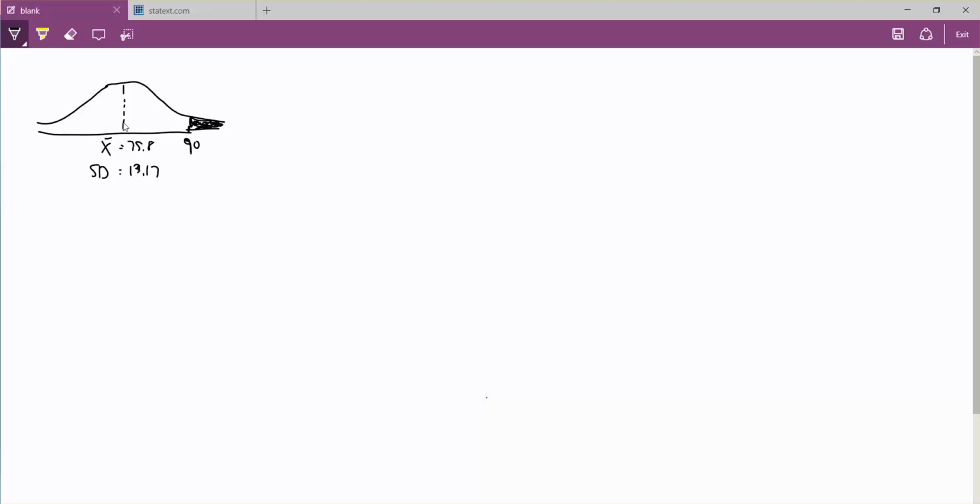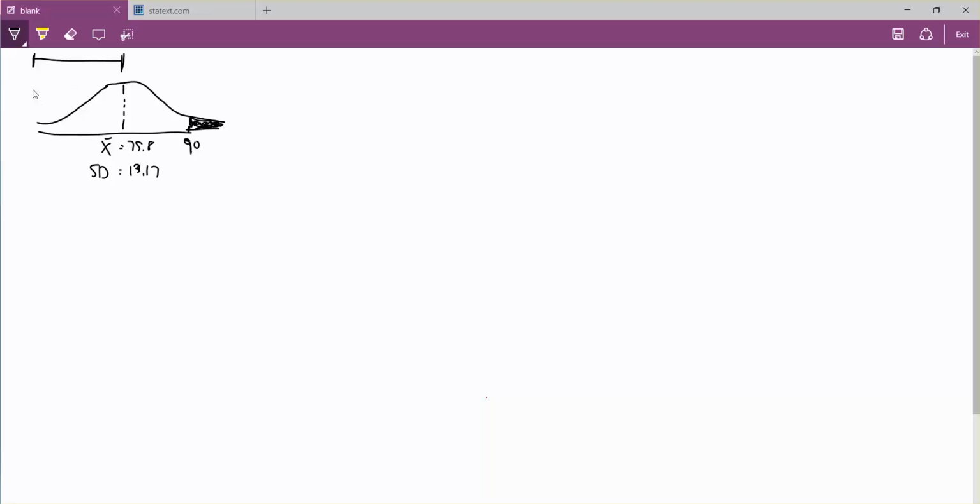Because this is a normal distribution, it follows very predictable traits, and they have tables where I can look up what percentage falls in the shaded area, for example. I don't want my graph to get too busy, so I'm going to try to write as little as possible.